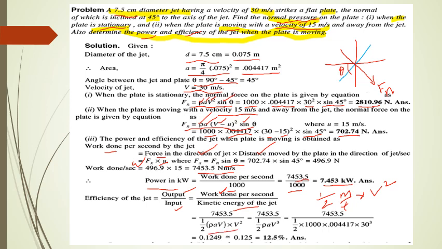Substituting the values, work done 7453.5 divided by half into rho value 1000 into area 0.004417 into velocity 30 cube. By calculating this, efficiency equal to 0.1249. Efficiency should be represented in percentage. Therefore, 12.5 percent.